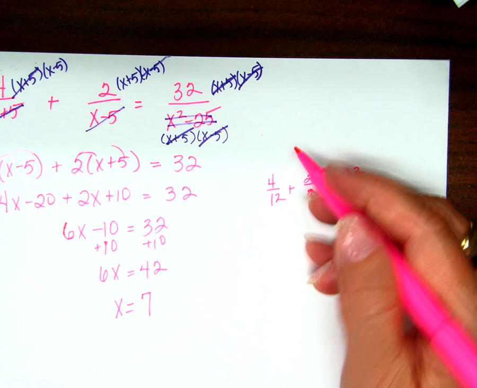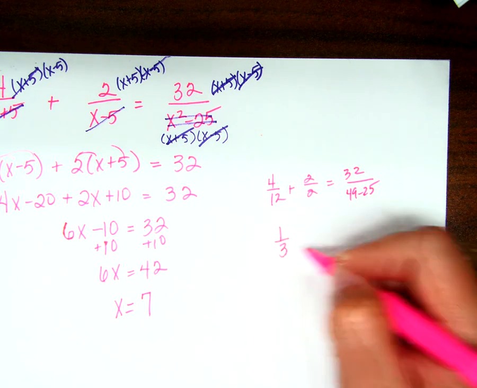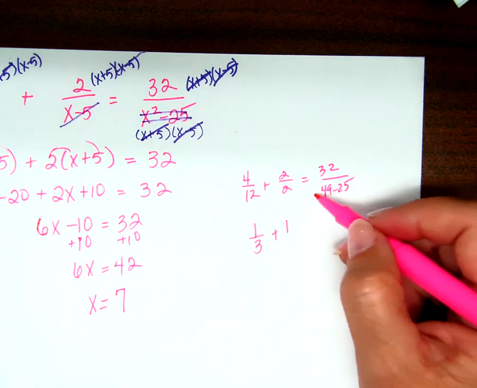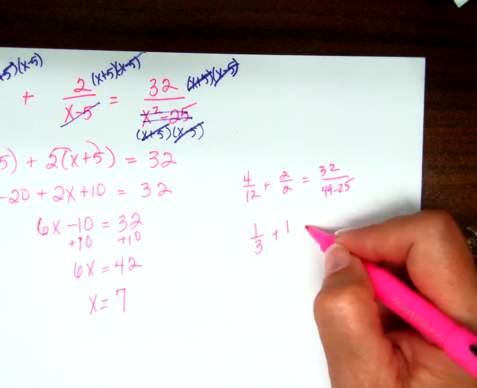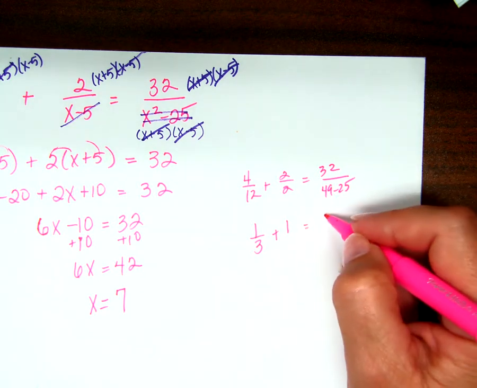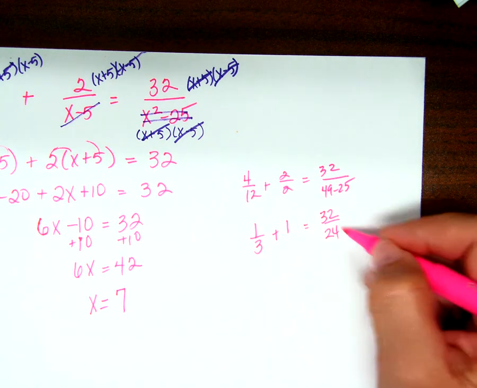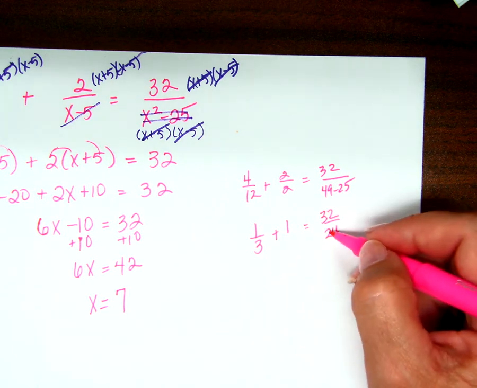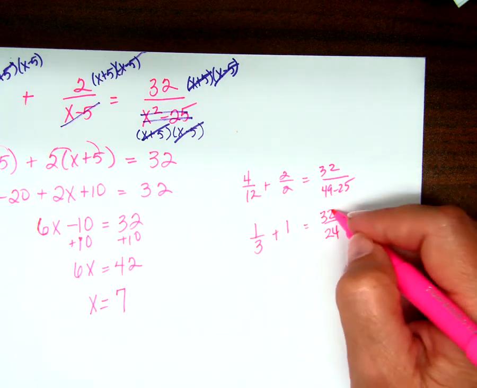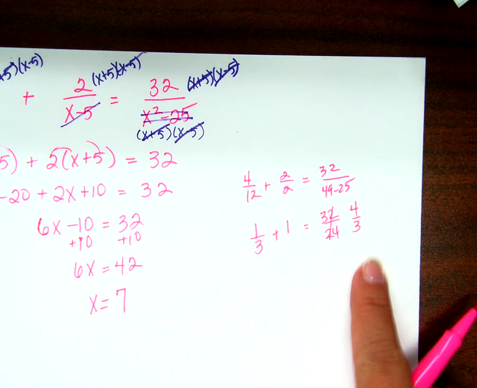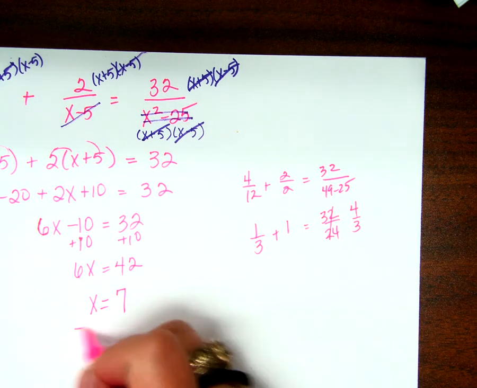Well, 4 over 12 is the same thing as 1/3, right? 2 over 2 is the same thing as 1. What's 49 minus 25? 24. So I have 32 over 24. Those both simplify by 8. So that would be 4 over 3. Is 1/3 plus 1 equal 4 over 3? Then that is the correct answer.